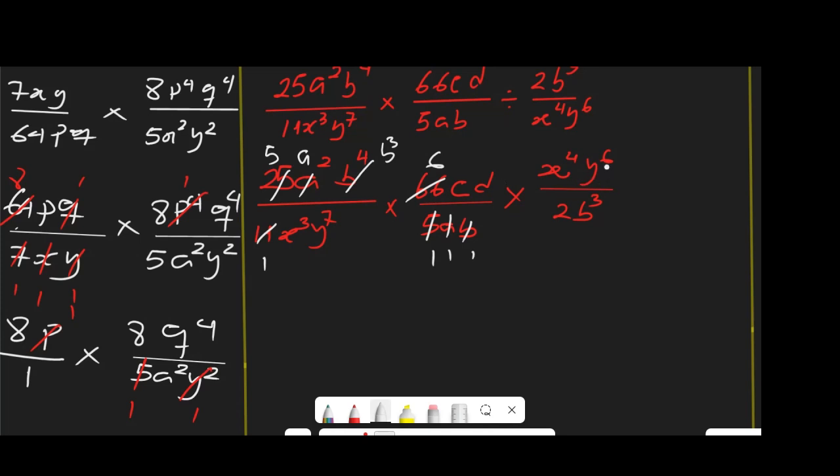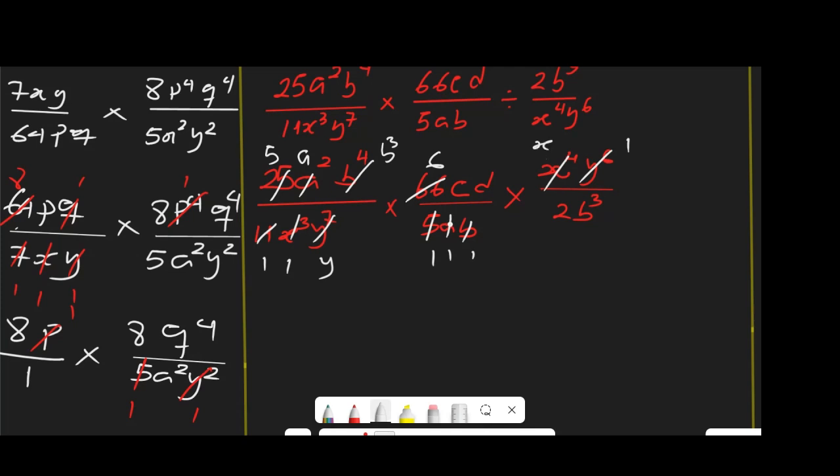So that means you're going to use y exponent 6 to cancel y exponent 7. So simply, y exponent 6 here, 1, and it goes into y exponent 7, y times. So this is what we have. And then x exponent 3, x exponent 4. So x exponent 3 here, 1, goes into x exponent 4, x times.